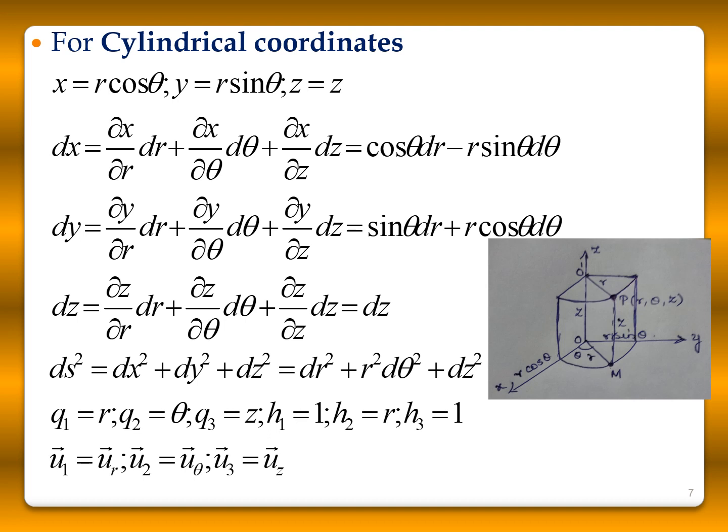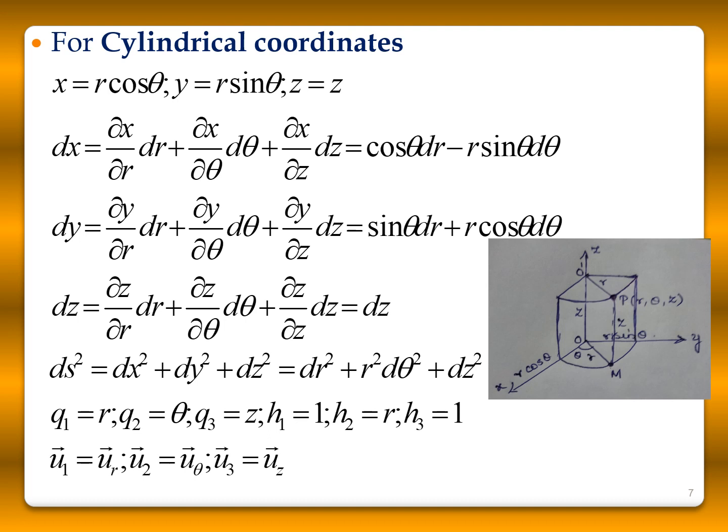So dx is equal to cos theta dr minus r sin theta d theta. Similarly, you can find dy and dz in terms of r, theta, z. So ds squared is dx squared plus dy squared plus dz squared. Now you substitute all the values of dx, dy, dz and square it.